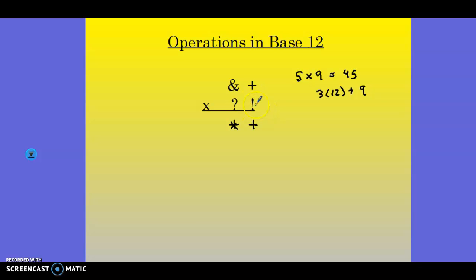All right, now I'm going to do the exclamation point with the and since it's in the second spot, that is multiplying that 5 times, and is 2, but that's 2 12s when it's in the second spot. So 5 times 2 12s is 120. 120 is 10 12s and nothing else.